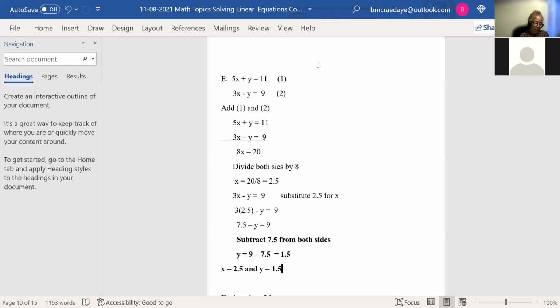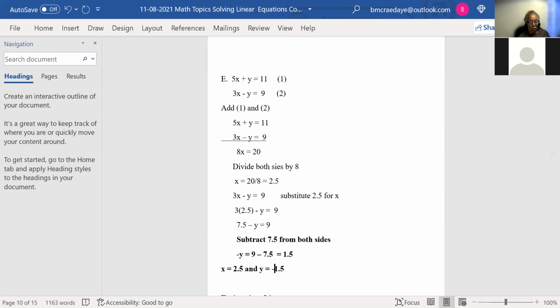Y is a negative, Maureen. That's why it's not coming out right. This should be a minus y. If a minus y is 1.5, then y is going to be minus 1.5. So this should be a minus.